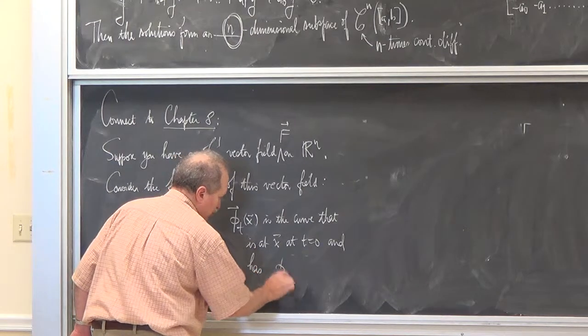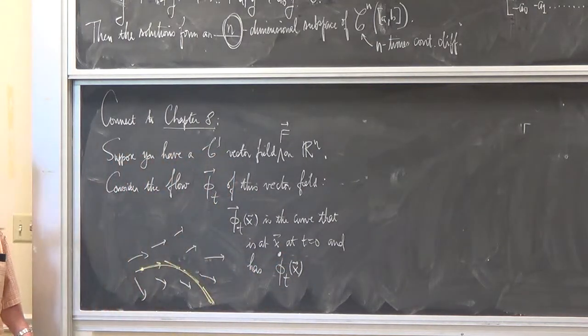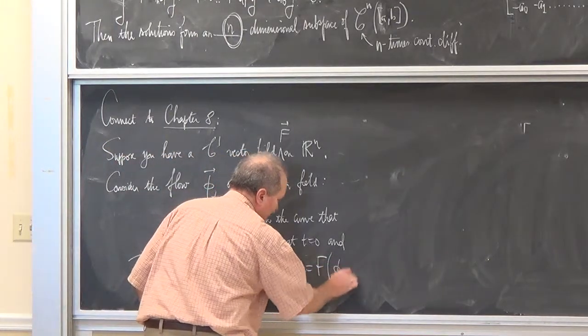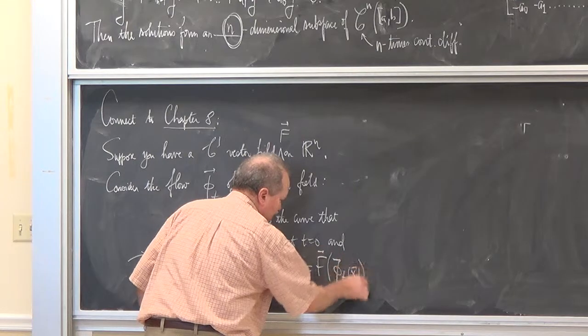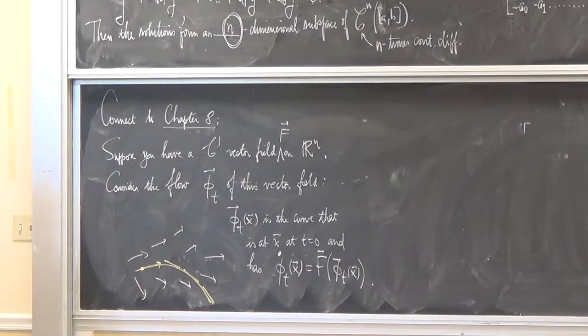So the derivative with respect to t, the tangent vector to the curve, is going to be the vector field at the point you're at. So you guys have considered this for homework with the closed flow line problem.